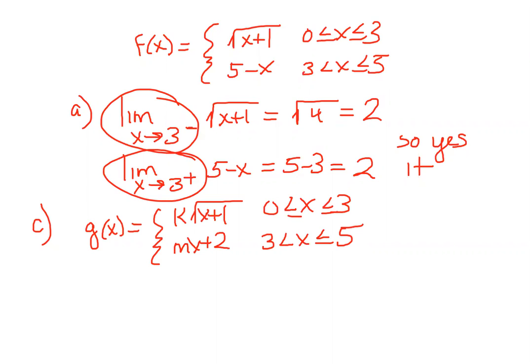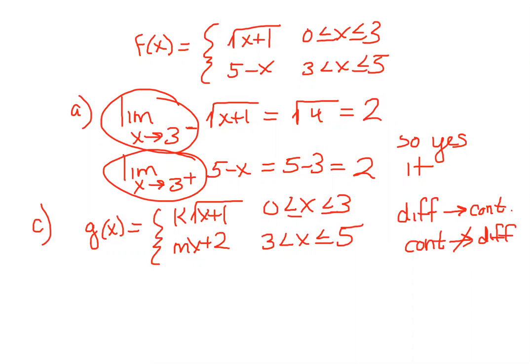If g is differentiable at x equals 3, what are the values of k and m? Well, if it's differentiable, it implies continuity. Remember that. Differentiability implies continuity. Continuity does not imply differentiability because you could have a sharp point.